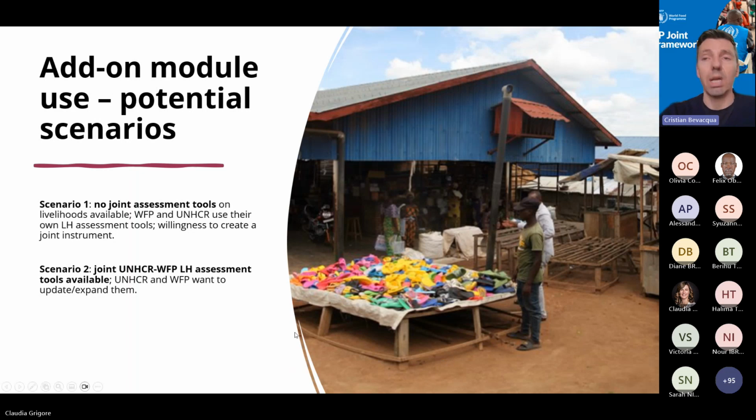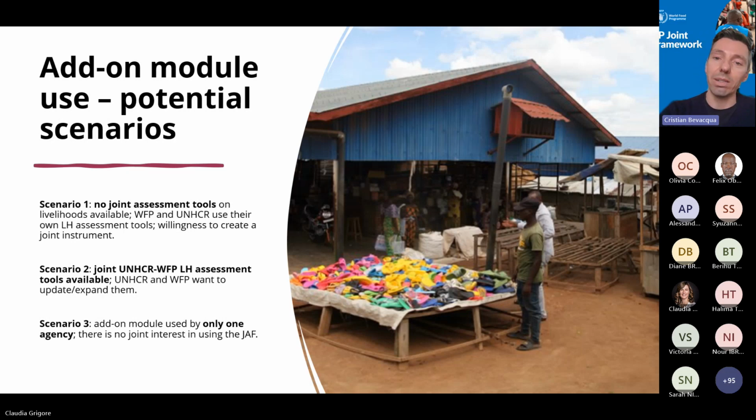The third scenario is one in which only one agency wants to use the livelihoods add-on module. This is something that might happen for many reasons. One of the reasons could be simply that one agency is more interested in investing in and better understanding the livelihood sector.